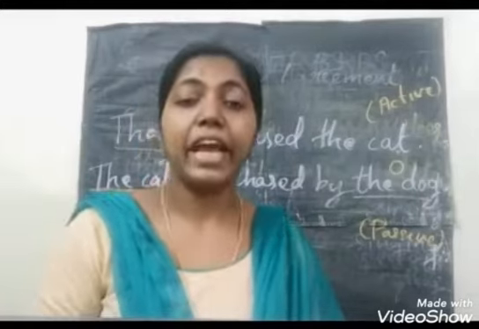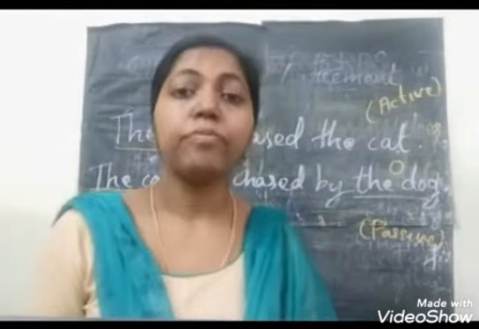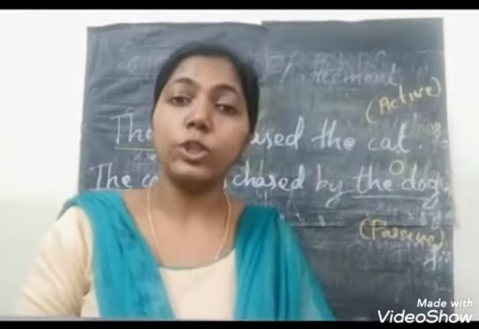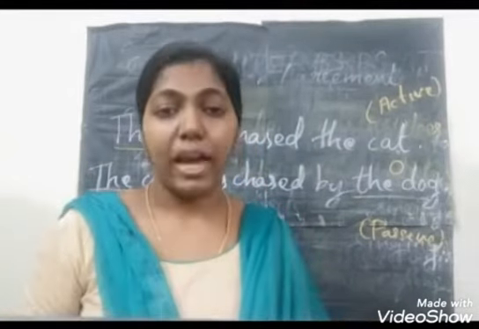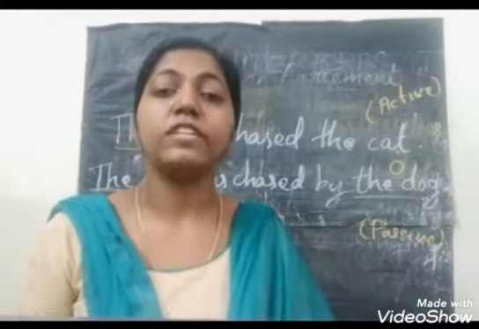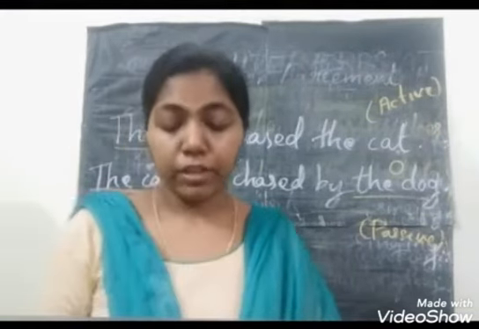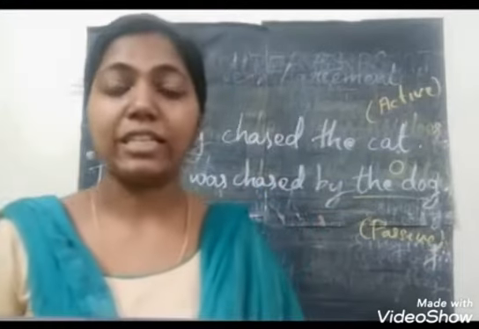At that time, you can use this tip: try to convert it into passive. If you cannot convert that sentence into passive, it is an intransitive verb. Anyways, we'll discuss the answers.